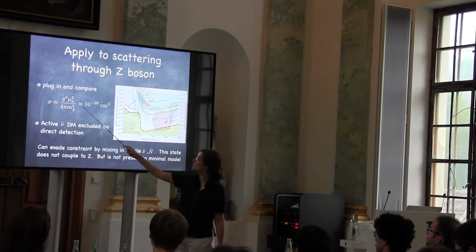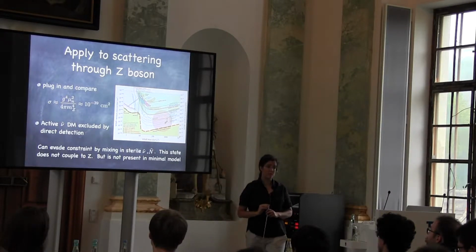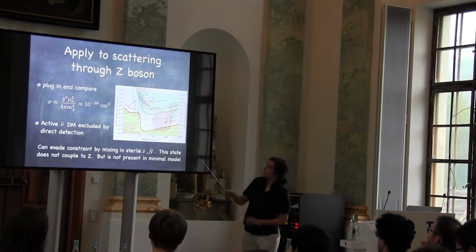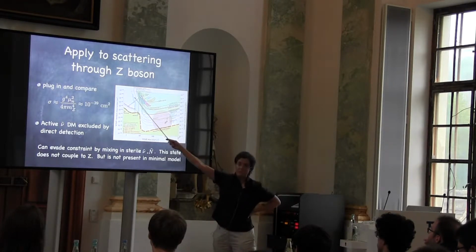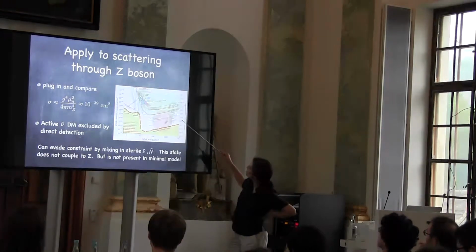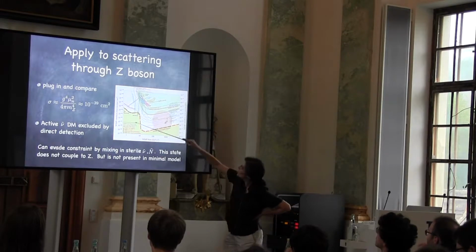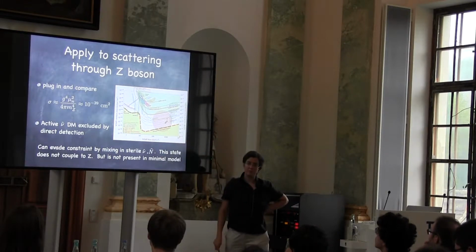So just plug in those numbers, and you'll see that what comes out is about 10 to the minus 39 centimeters squared. And then you go over to this handy plot, which summarizes where we currently are in direct detection. And these are even better now, because this plot is about 5 years old. But we're sitting down here at the 10 to the minus 46 centimeters squared. That's the most recent xenon results.